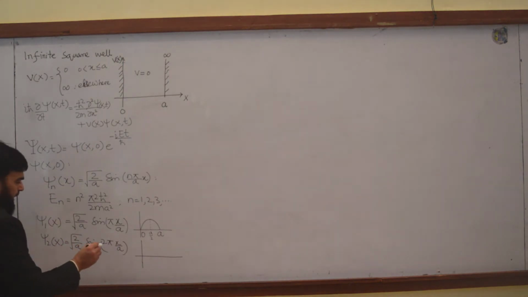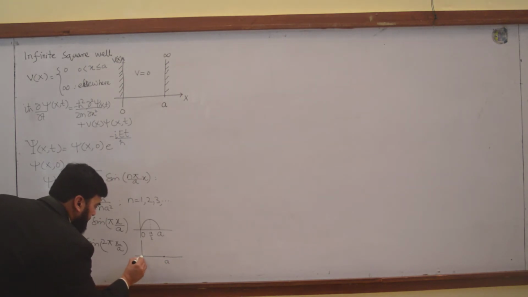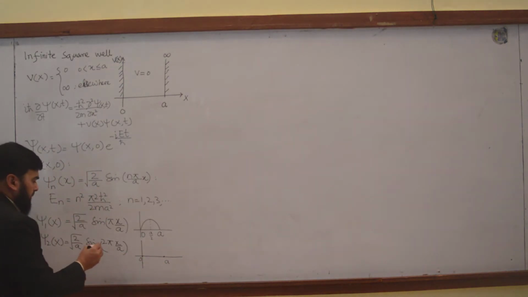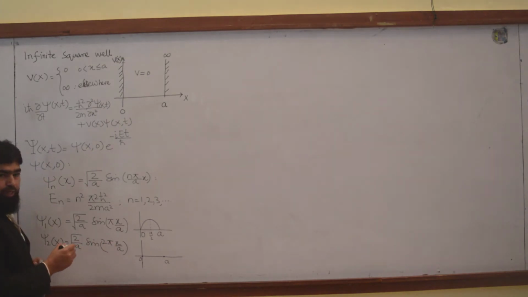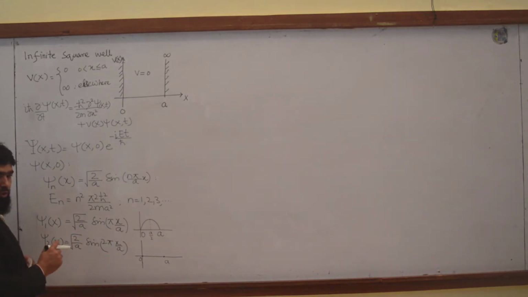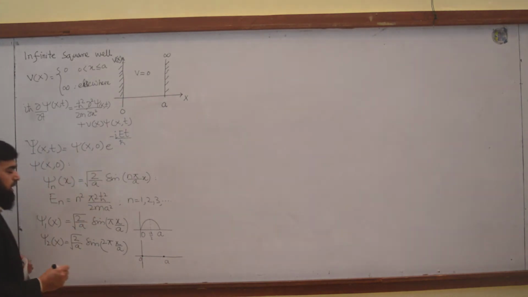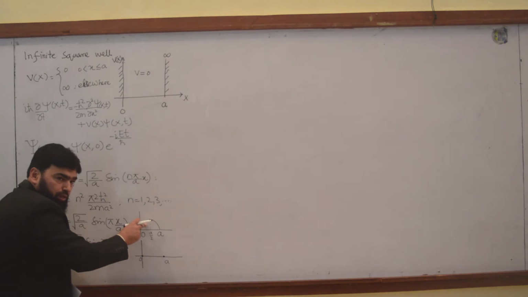About this one, when this is A, the same position A, and this is 0, the same position, when x is equal to A, then sine 2 pi is equal to 0. And when x is equal to 0, sine 0 is 0. So at these two points, we have this wave function equal to 0, just like the previous one.